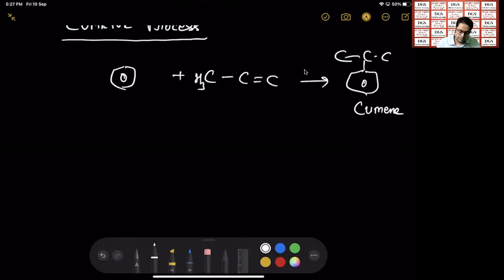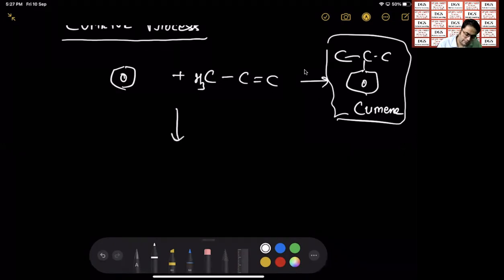How can we convert benzene into cumene? Our primary objective is this. This thing is known as cumene, the isopropyl benzene or 2-phenyl propane, whatever. So now, initially, we use H3PO4, a pretty good acid, and this acid will provide H+. And as we can see, we will have more electron density at this point.